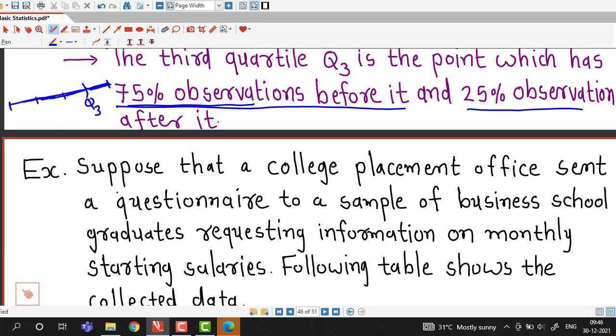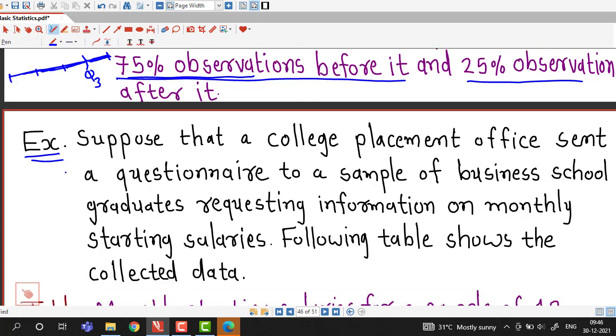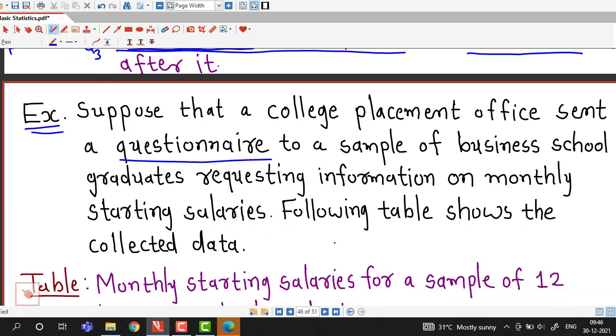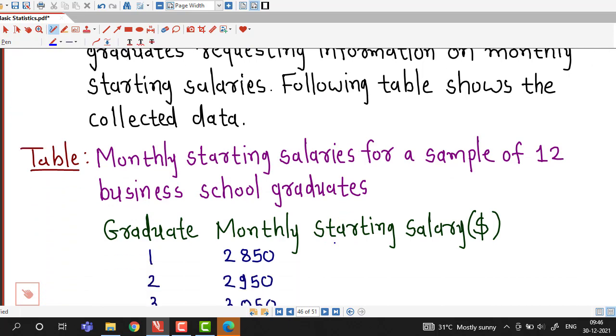Here we have taken one example to explain how to compute these quartiles or percentiles. Suppose that a college placement office sent a questionnaire to a sample of business school graduates requesting information on monthly starting salaries. The following table shows the collected data.